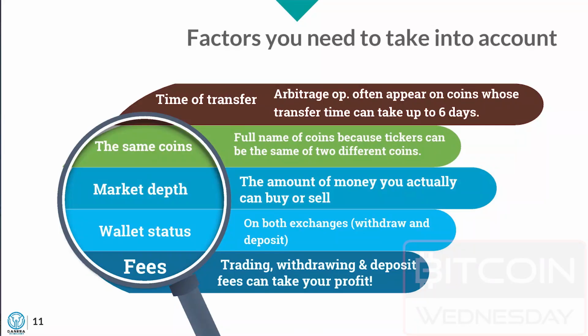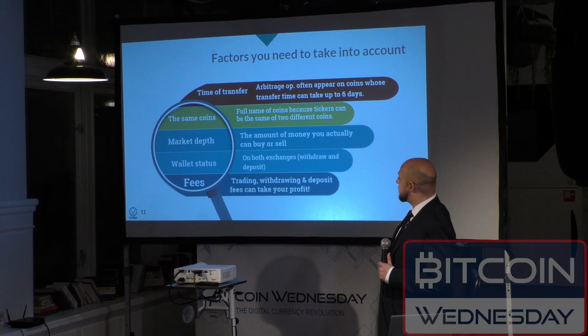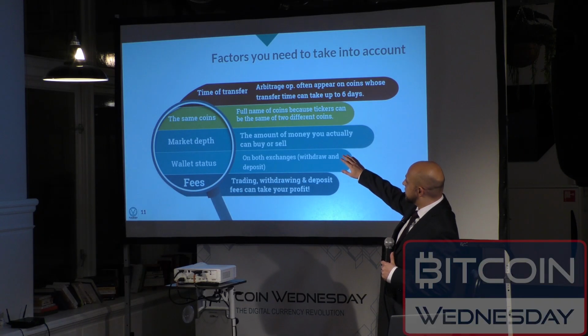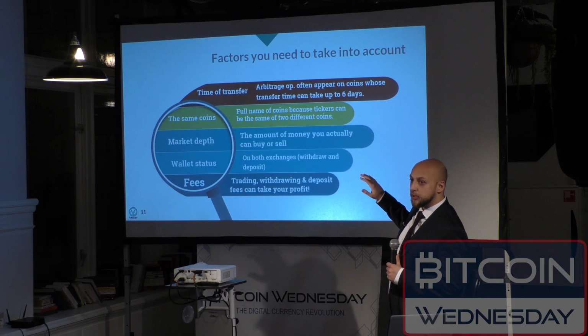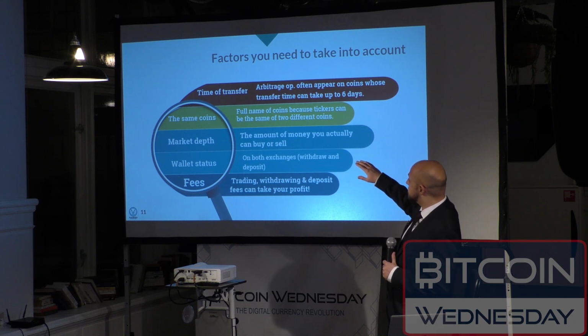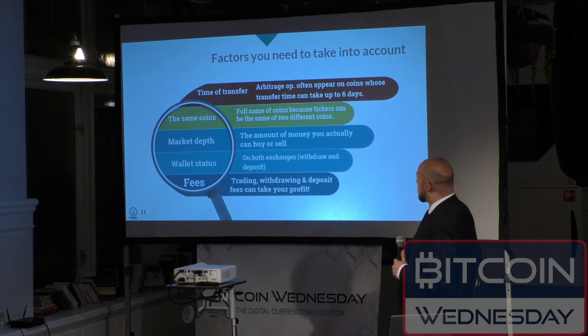Okay, and when you search for an arbitrage opportunity, as I told you, arbitrage is very easy if you take some factors into account. For example, some things can go wrong in arbitrage. It's, for example, the time of transfer.